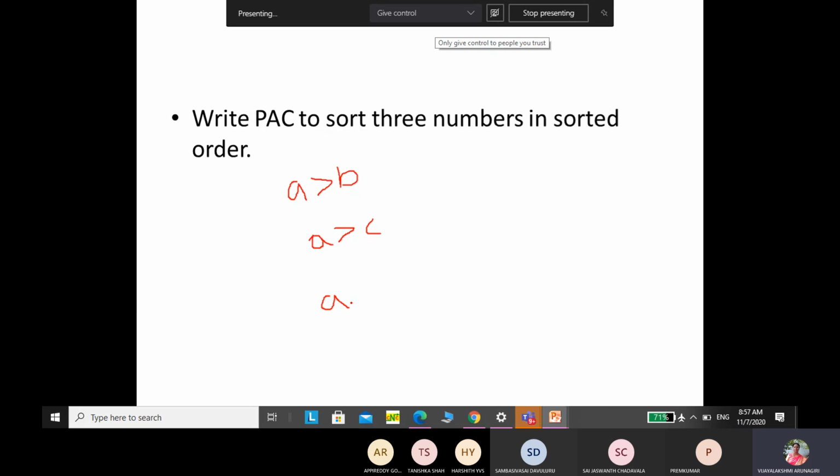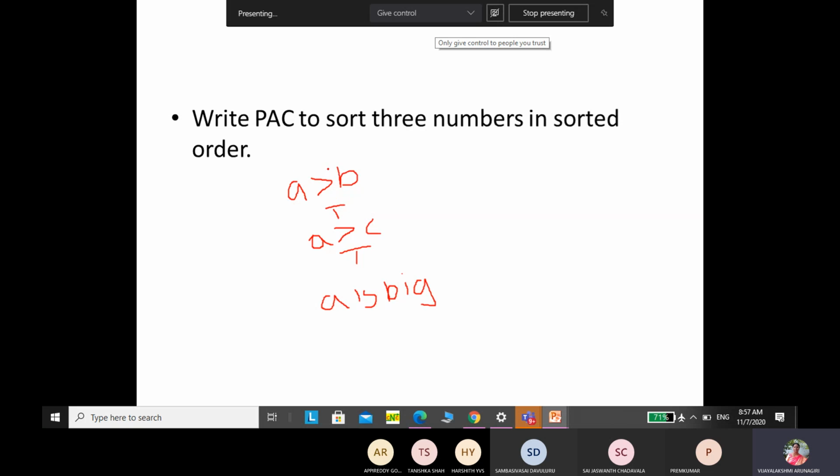So it is true, and if it is true, then A is big.